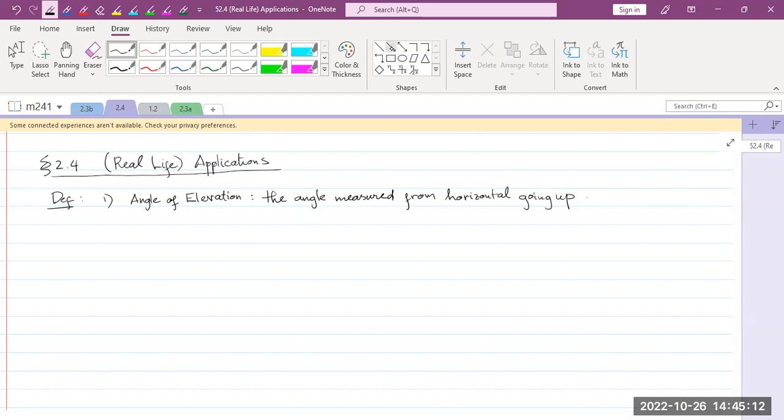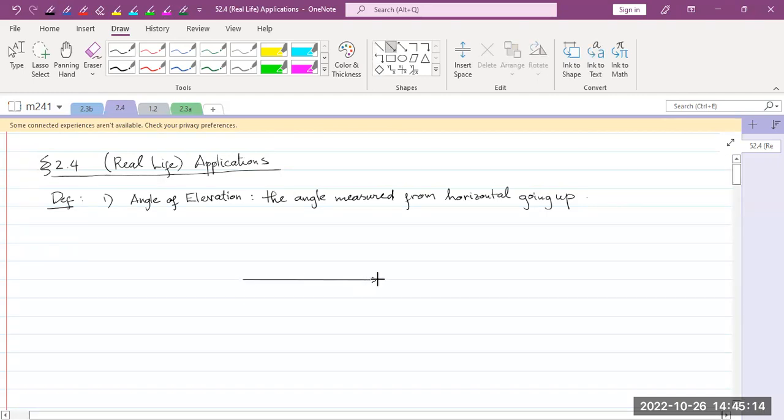To illustrate that, let's say you have this horizontal line. Now angle of elevation is the angle that you measure up from that horizontal line, okay, horizontal direction. So this is what we call angle of elevation, coming from the word elevate, from horizontal.